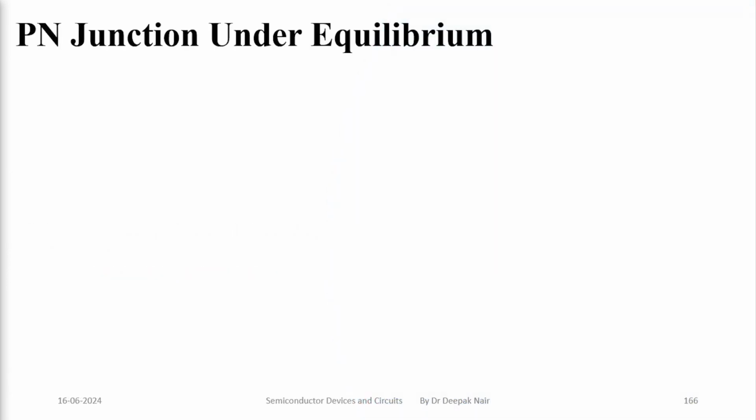Here in this presentation, we are going to talk about the behavior of the PN junction and the behavior of charge carriers like electrons and holes near the PN junction under equilibrium condition. Till this video, we have discussed the behavior of electrons and holes when P and N type semiconductors are kept separate.